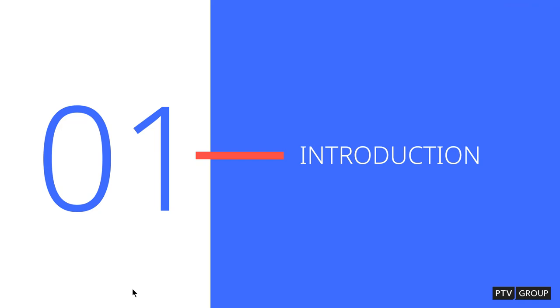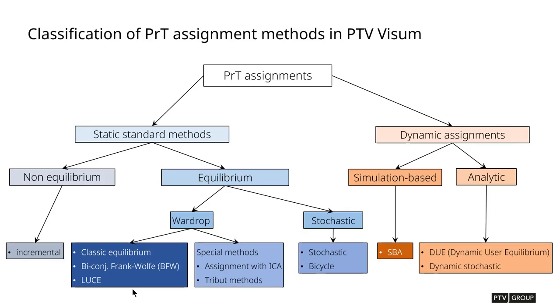So as mentioned, the first video is an introduction. So we will start with an overview of private transport assignments in Visum, and then move to dynamic assignments, and then specifically to the simulation-based assignment and its basic principles. So this slide shows an overview of all private transport assignments in Visum.